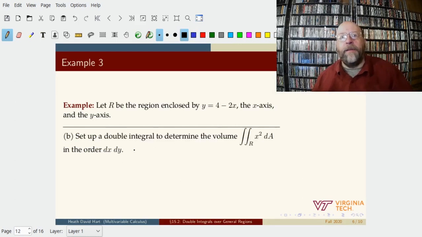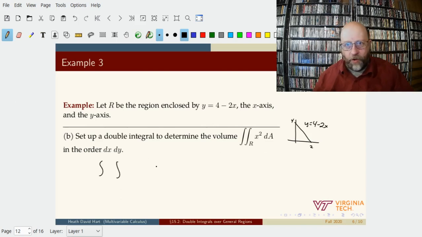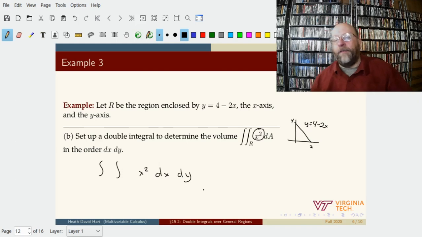All right. So same base. This is y equals 4 minus 2x. Crosses up here at 4, down here at 2. We want to integrate, the function is still x squared, but this time we want dx on the inside and dy on the outside.